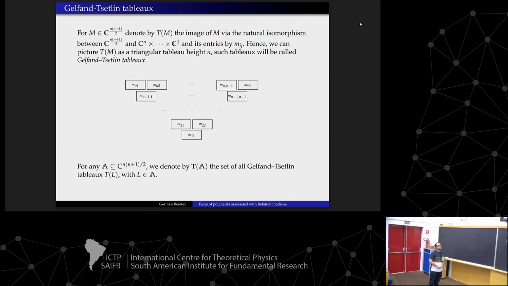So, the classical definition of a Gelfand-Tsetlin tableau is a triangular arrangement with entries in the complex numbers. For a subset of this vector space, we will denote by T_A the set of all Gelfand-Tsetlin tableaux over the set.